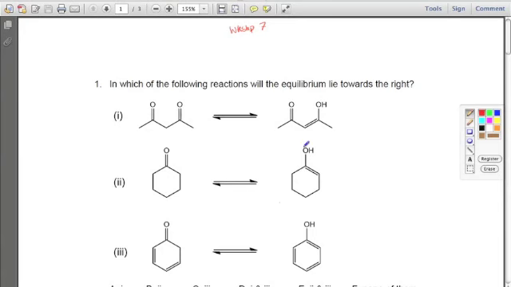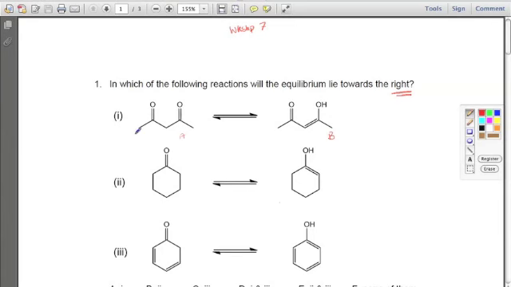So question 1 is asking, out of these three, which ones does the equilibrium lie towards the right? So basically what it means is compare the left column to the right column and see out of those two, like A or B, which one is going to be the most stable.